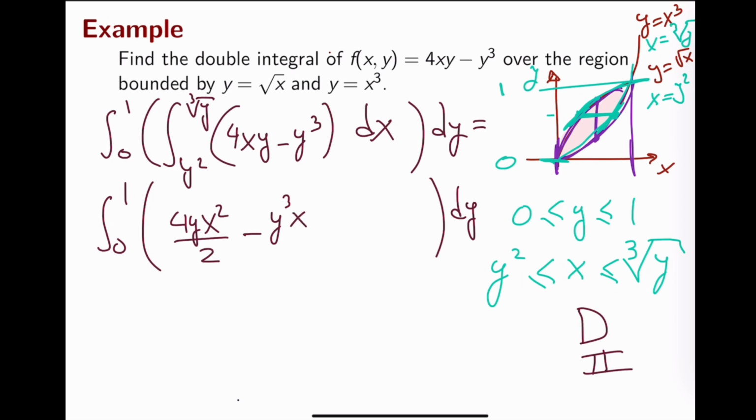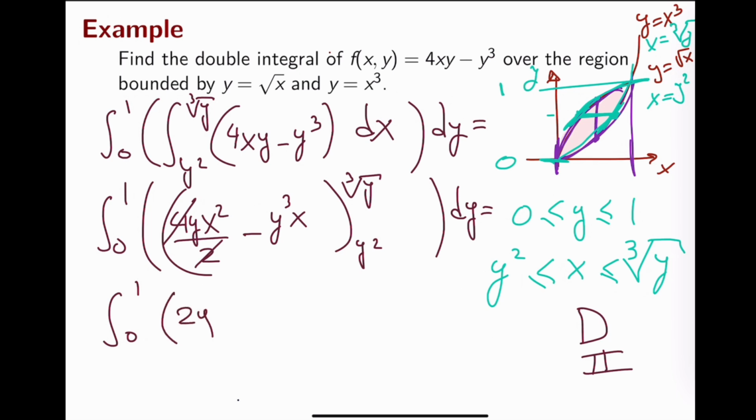And this should be evaluated between y squared and cubic root of y. And so continue the operations here. Certainly here we have a 2 there, and so this will be the integral between 0 and 1 of 2y x squared minus y cubed x evaluated between y squared and cubic root of y dy.